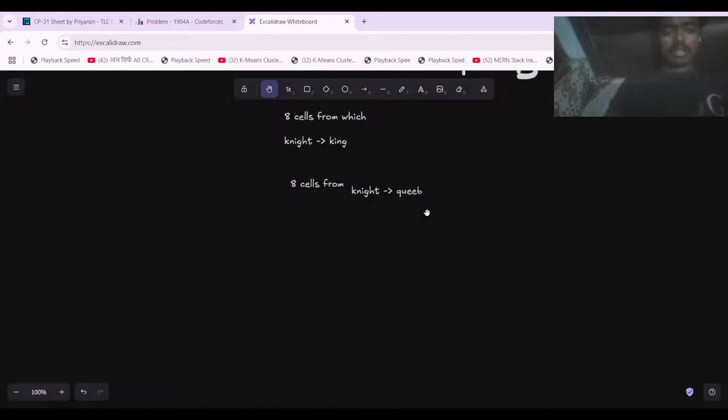What am I asked in the problem? Find the cell from which both the king and queen can be attacked. So all I need to do is take an intersection of these two data structures.